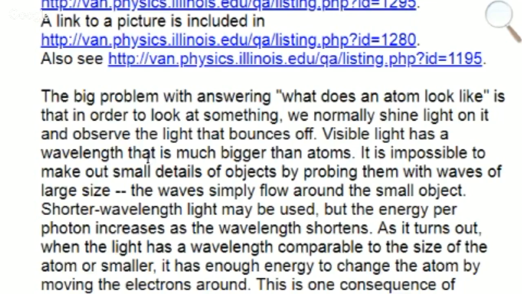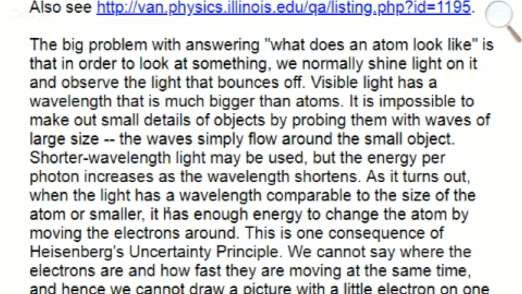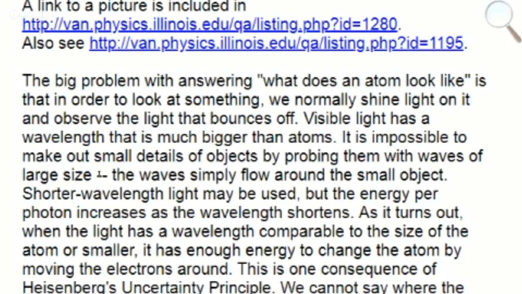Visible light has a wavelength that is much bigger than atoms. It's impossible to make out small details of objects by probing them with waves of large size. In other words, a photon is a particle and a wave. The waves simply flow around the small object.